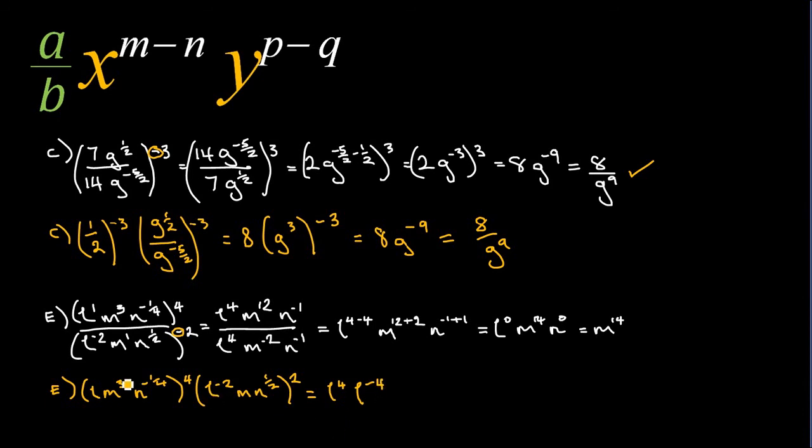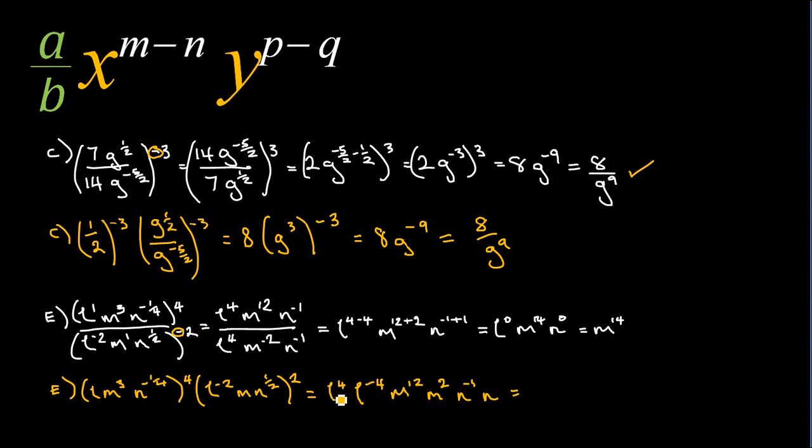Now considering my m's here, I've got m to the 12, and over here I've got m squared, so that's going to be times m squared, and now we've got n to the minus a quarter, so that's going to become n to the minus 1, and over here we've got n, just plain old n. So that's gathered the terms together so I can see it nice and clearly.